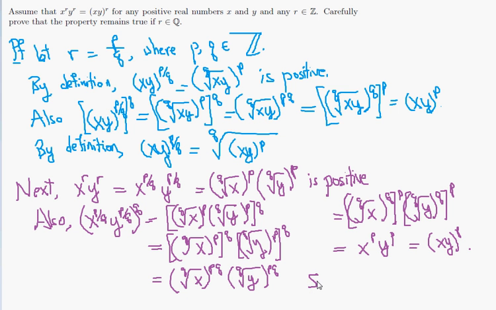So x to the r, or x to the p over q, times y to the p over q is equal to the qth root of x times y to the p also.